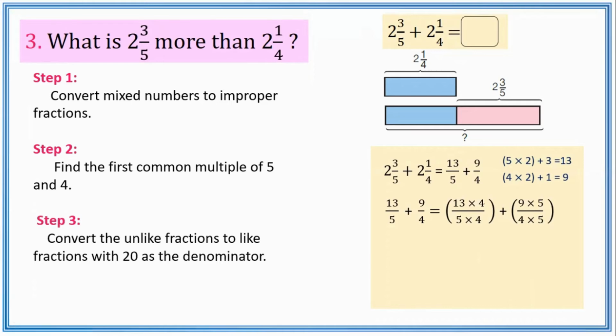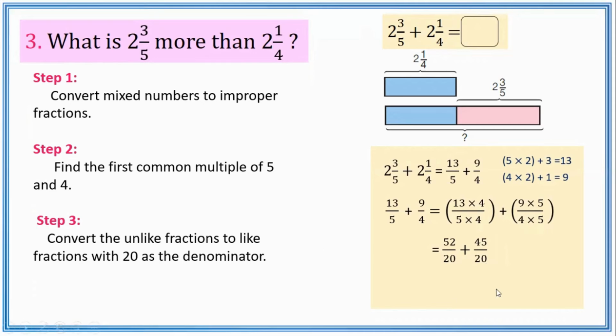And for the next step, or the third step, we need to convert the unlike fractions to like fractions with 20 as the denominator. So 13 times 4 is equal to 52. 5 times 4 is equal to 20. 9 times 5 is equal to 45. And 4 times 5 is equal to 20.